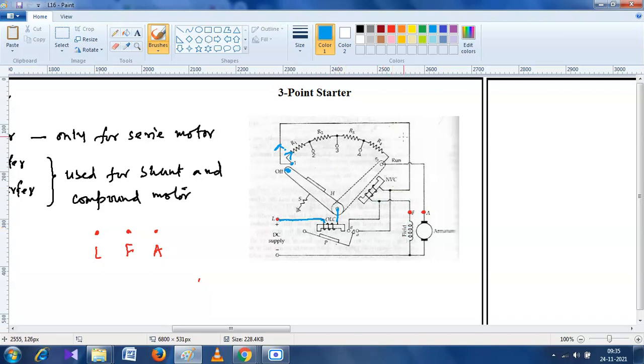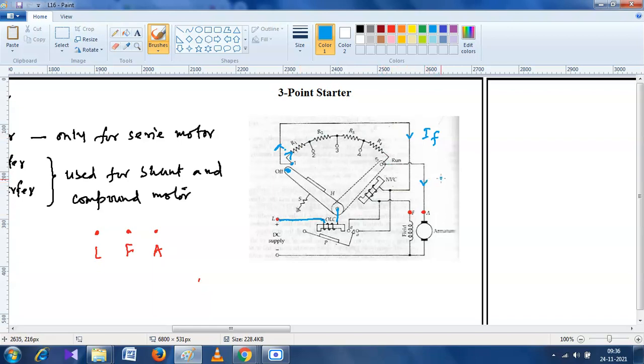That means this is basically the field current path. And the current will flow in R1, R2, R3, and R4, and then it will go to the armature.